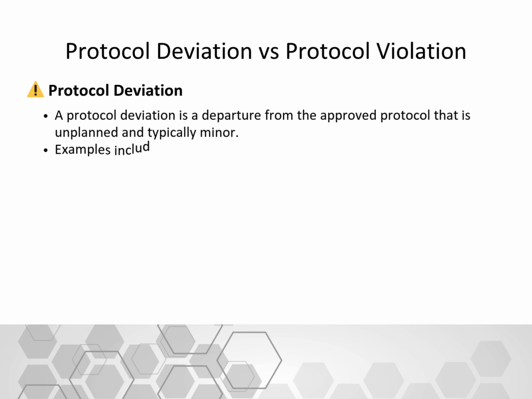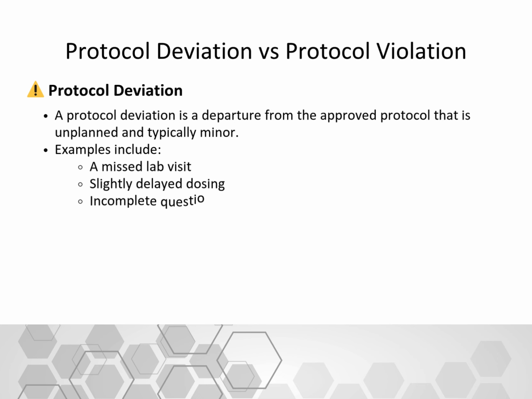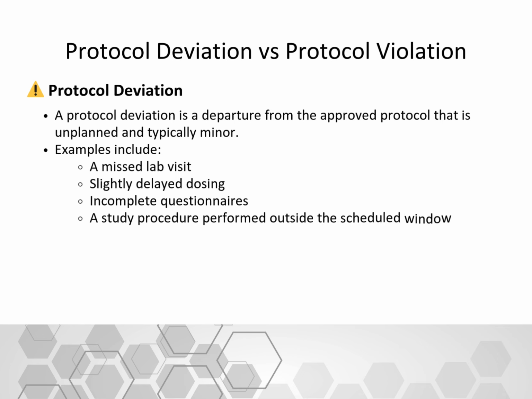Examples include a missed lab visit, slightly delayed dosing, incomplete questionnaires, a study procedure performed outside the scheduled window. These often occur unintentionally, and while they must be documented, they may not always impact subject safety or data integrity. Still, too many deviations can indicate systemic issues at the site and may trigger a compliance investigation.